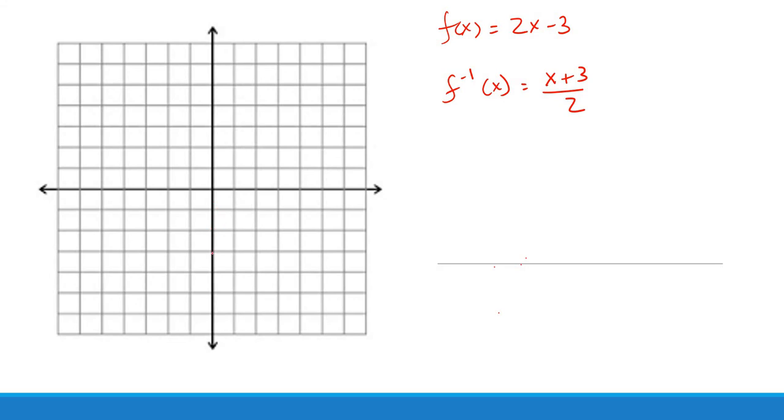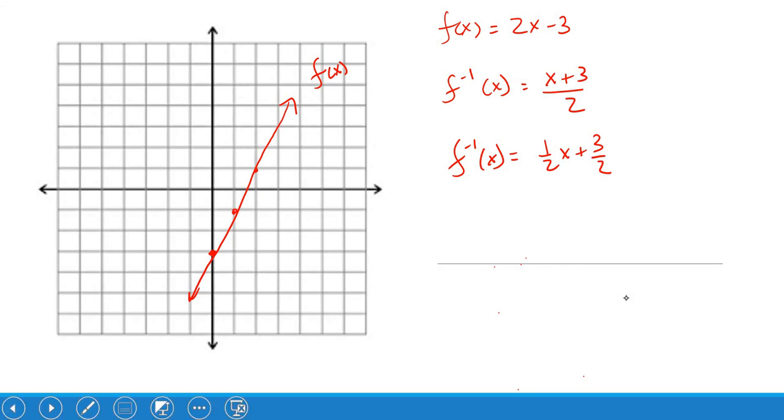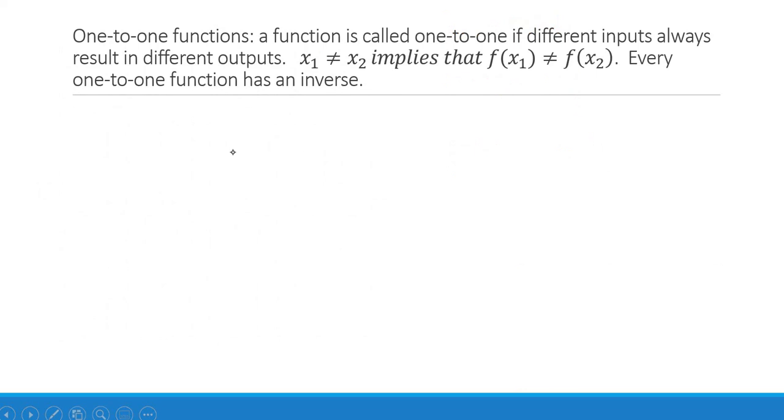This is a simple linear equation starting at -3 with a slope of up 2 and to the right 1. So it looks something like this, and I'm going to label that as my f of x. My f inverse of x, to graph it, I'm going to rewrite this as 1/2 x plus 3/2. That's my inverse function, just written in my y equals mx plus b form. So I'm going to go up to 1.5. Oops, sorry.